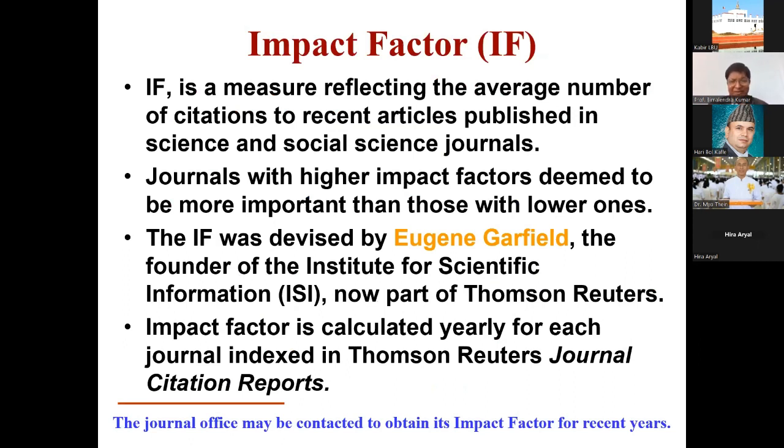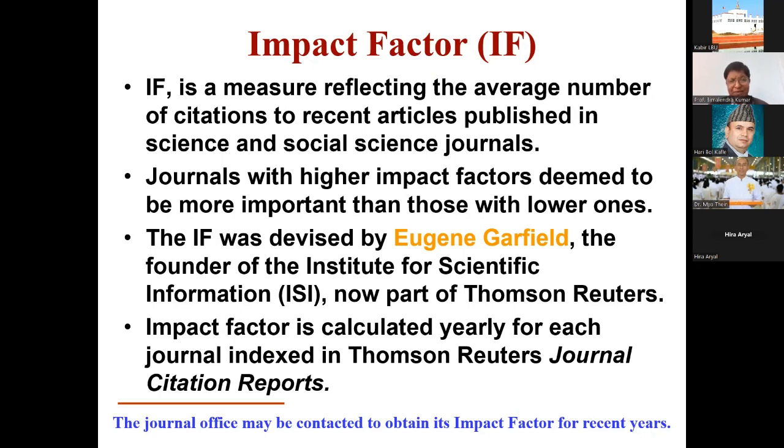What is impact factor? It shows how much the research papers are being read by the scholars, and how much popularity the research journal has.